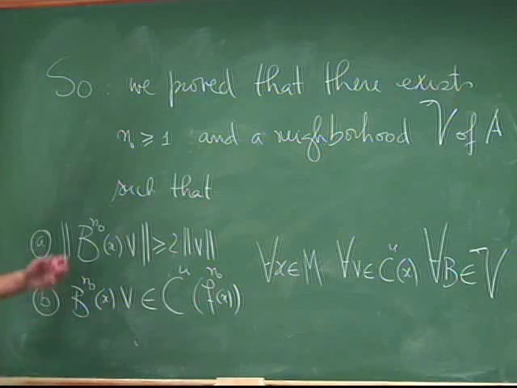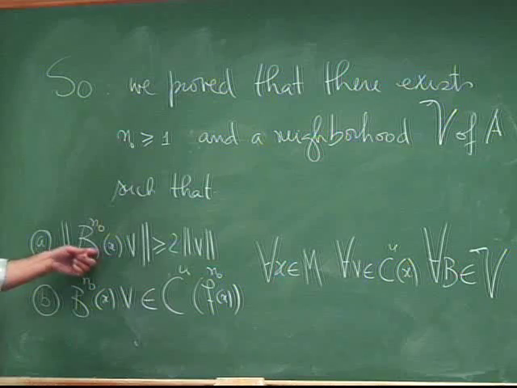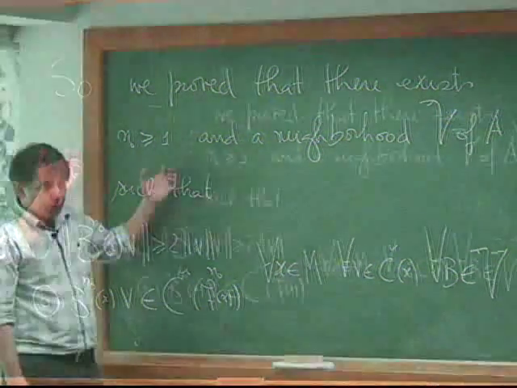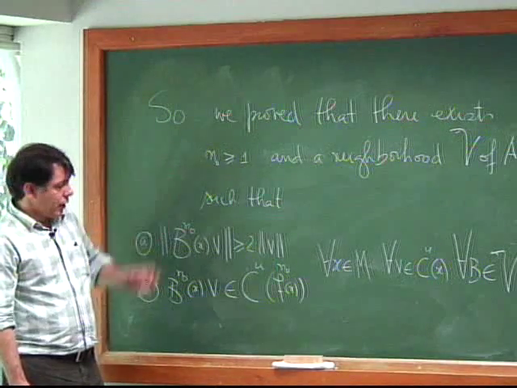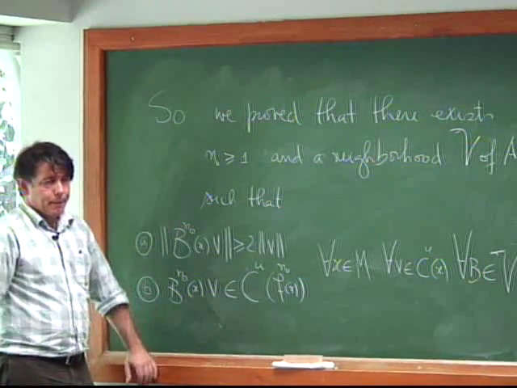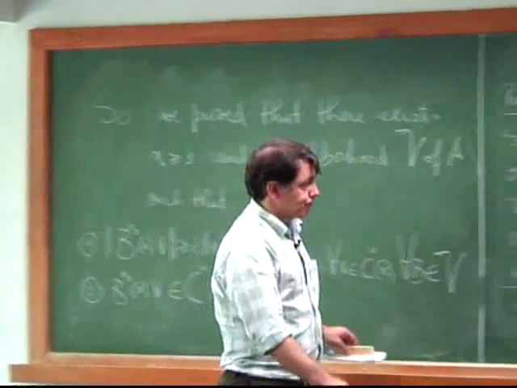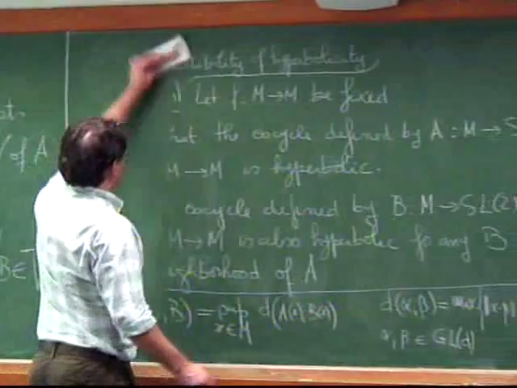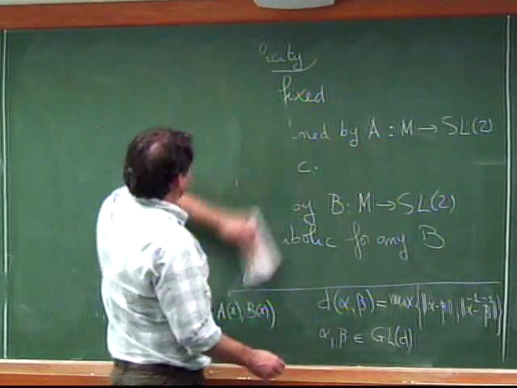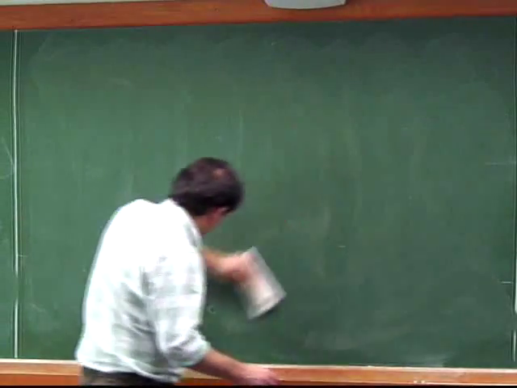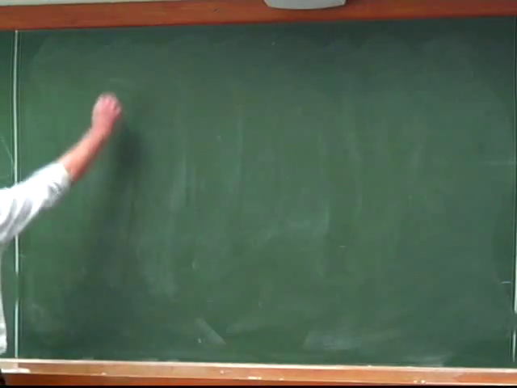Remember, we want to prove that the cocycle associated to B is hyperbolic. Okay? And in order to do that, by the proposition that I just erased, I only have to show that the norm of B^n(v) goes to infinity. So this is what we have, and now what we want.